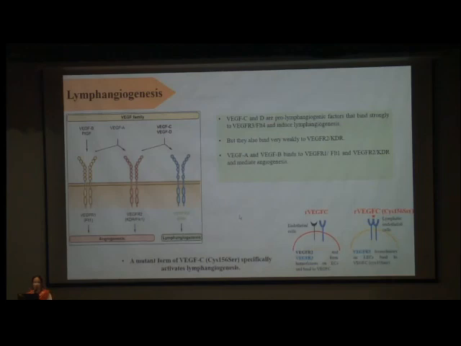But here, an important point I want to mention is that there is a recombinant form of VEGFC, which is mutated at the 156 position, which specifically binds to VEGFR3 and stimulates only lymphangiogenesis and not angiogenesis. And in most of the therapeutic studies, this recombinant has been used.